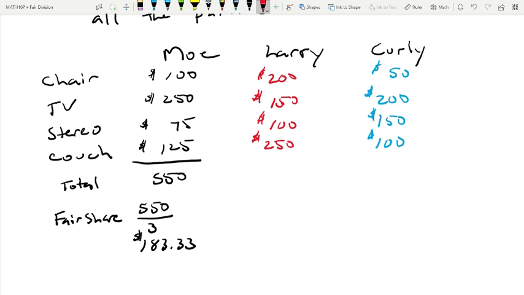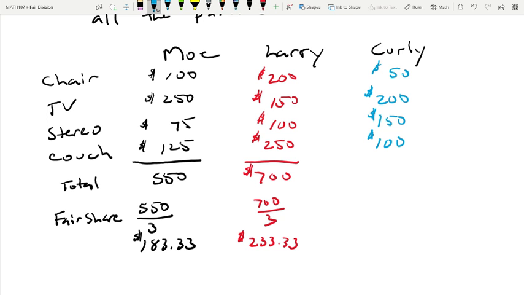We do the same thing for Larry. His total comes out to be 700, so 700 divided by 3 comes out to 233.33.